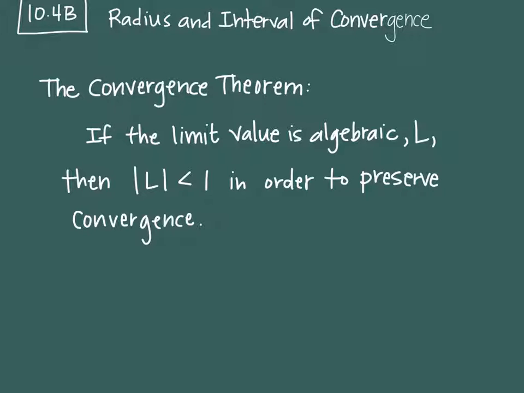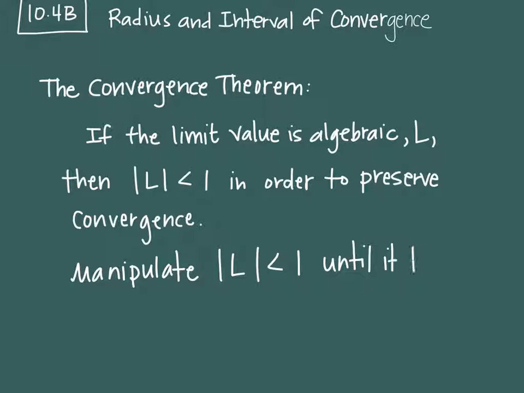So you're going to start with that algebraic limit. Now you're going to have some algebraic work to do. You're going to manipulate that limit less than 1 until it looks like this: absolute value of x minus some kind of center is less than capital R. Now it's frustrating because this capital R is not the same thing as remainder.